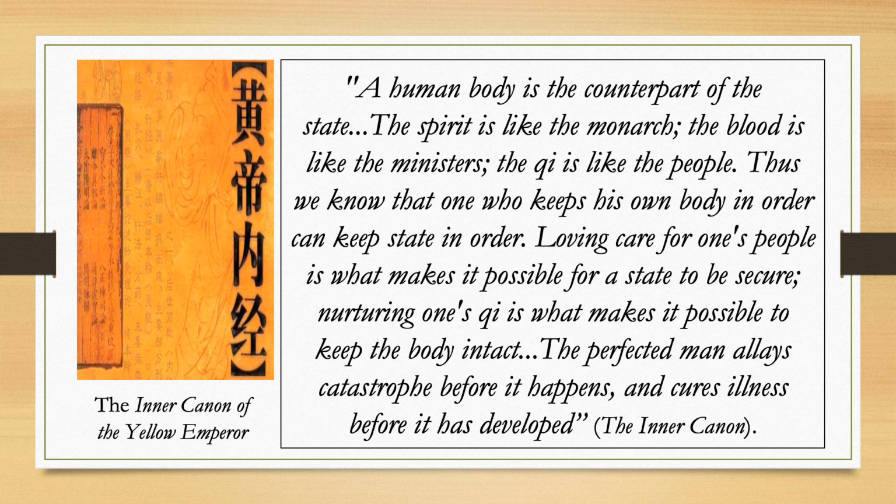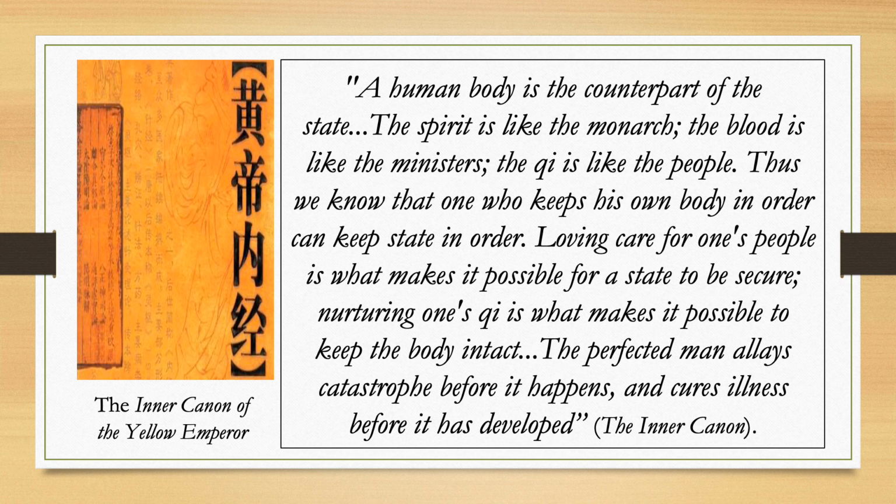The basic argument of the Inner Canon is that if one wishes to understand the causes of illness, one must first understand the patterns of the cosmos, because, as the text has it, human physiological processes are constantly being affected by things like the changing of the seasons and astral cycles.